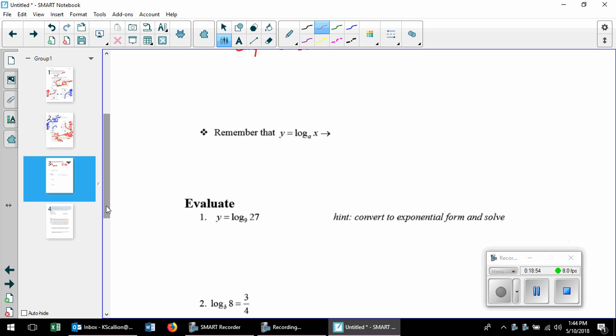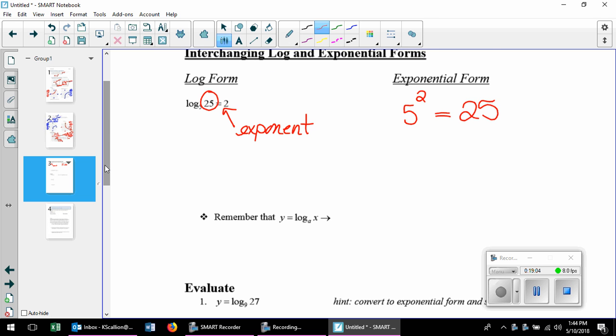You guys have to be pretty careful with how you write things. Some of you tend to be a little bit sloppy. If you did this, no problem. That is a log base 10.